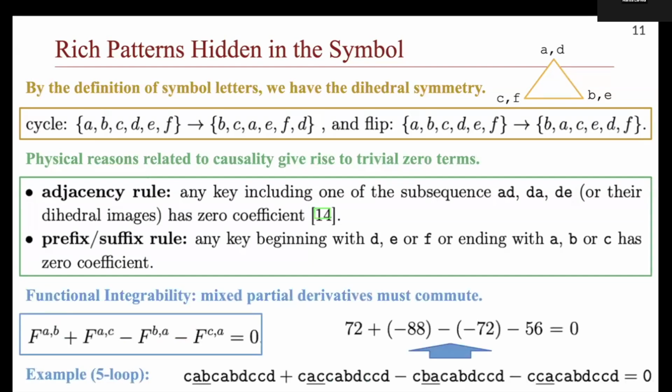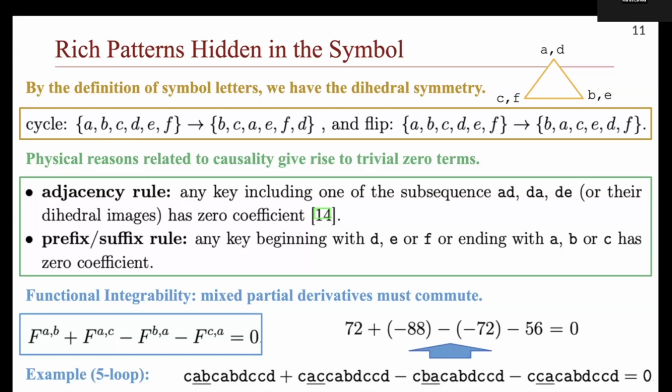So let me give you a relatively more non-trivial example. A symbol has to be a symbol of a function, and a function has to satisfy certain relations. One of the relations is that the mixed partial derivatives must commute. So that requirement translates to this particular relation over here.